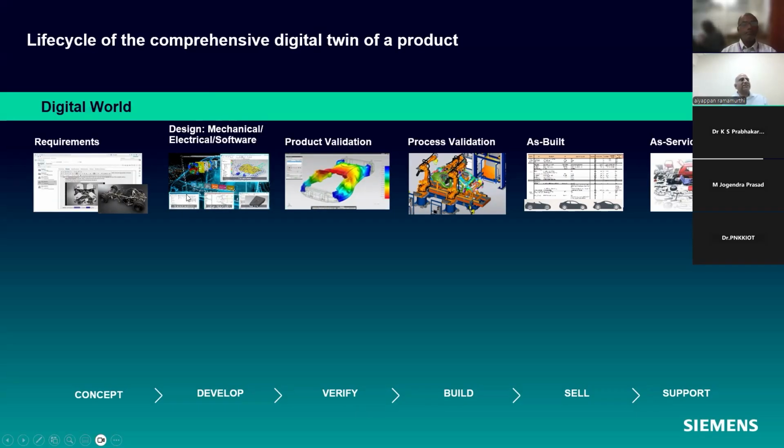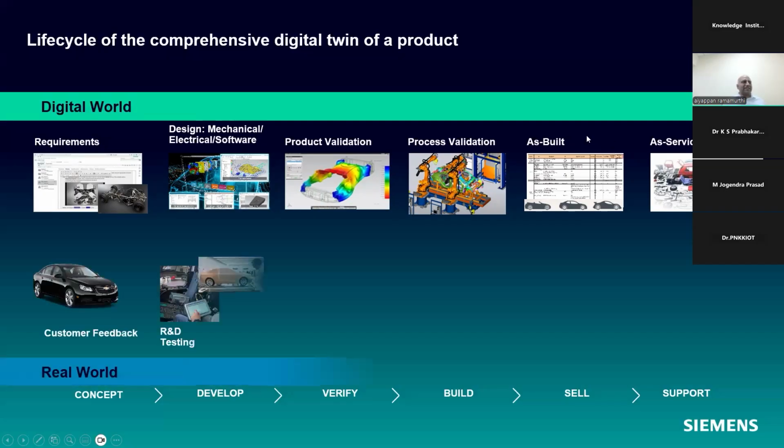And as the intelligent systems are there, you have a combination of mechanical, electrical, electronics, and software. You have the product validation of the car, how the product is going to perform. Process validation, so how the product is going to get manufactured and how will you validate these processes, and then it goes into operation as built and as serviced.